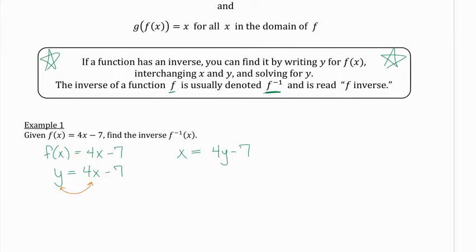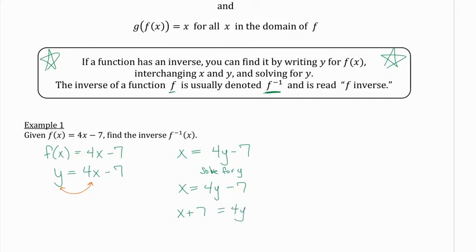And now, if I want to put it back into function form, I want to solve for y, right? So we interchanged them, and now we're going to solve for y. So if I've got x equals 4y minus 7, I'm going to add 7 to both sides. So I get x plus 7 equals 4y.